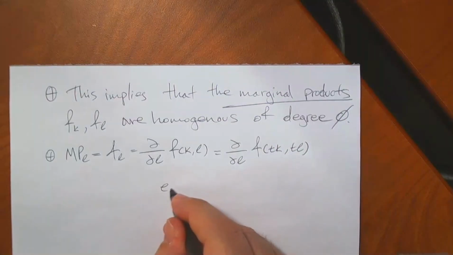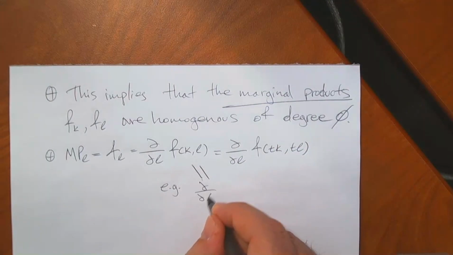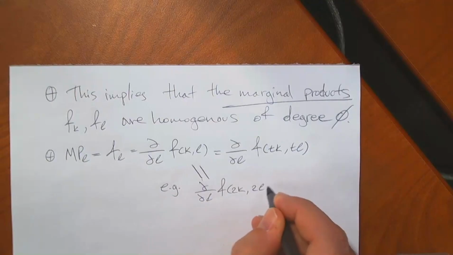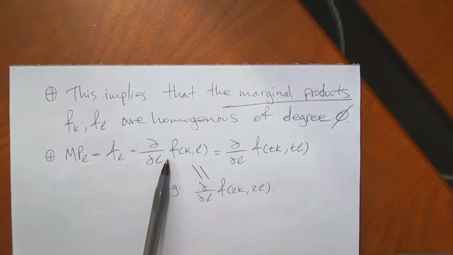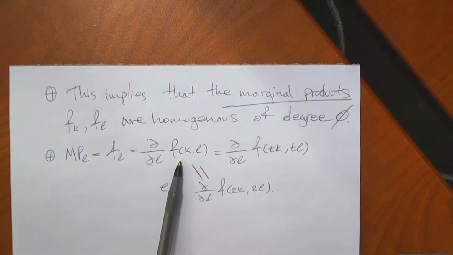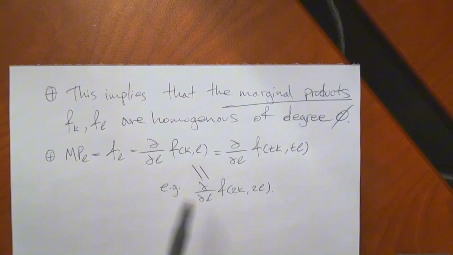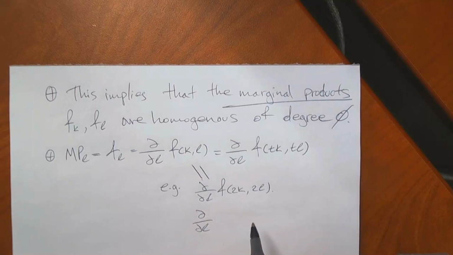For example, this is equal to del L of F of 2K, 2L. So the marginal product that I'm getting in this production function is going to be the same marginal product that I'm going to get if I simultaneously doubled the capital and doubled the labor, or tripled it. The same marginal product for both labor and capital, if you want to expand this to capital too.